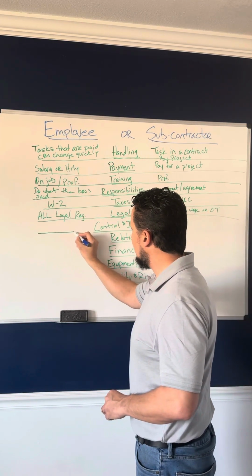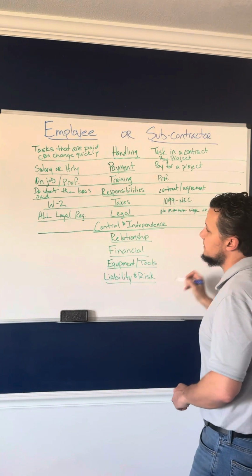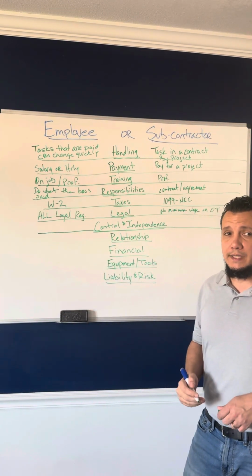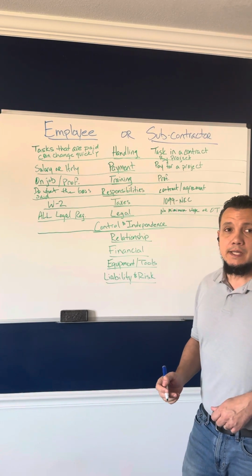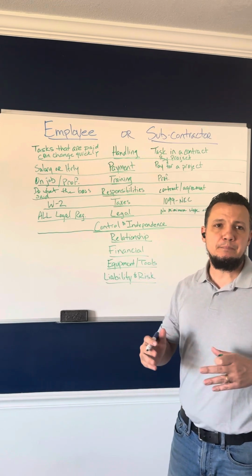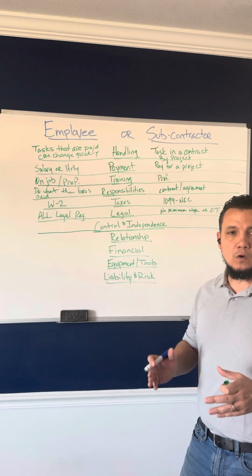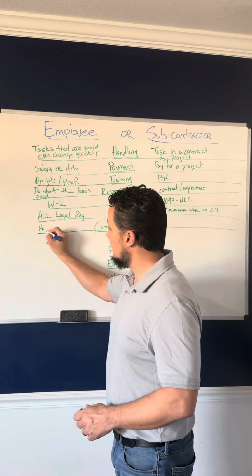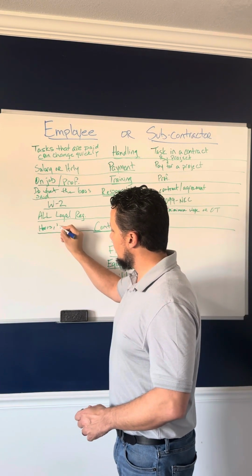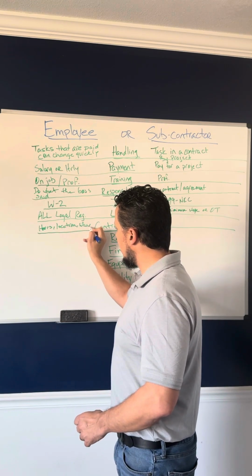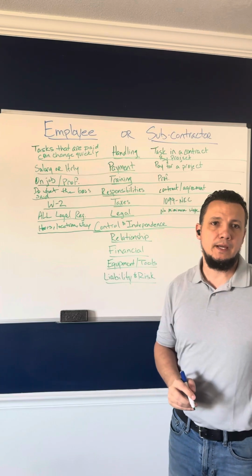Now, that goes into the control and independence. As far as control and independence, for an employee, the employer is able to set tasks that must be completed within the working hours, and you can determine the hours, the location, and the way the job is to be completed, okay?